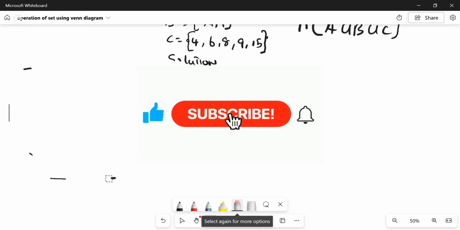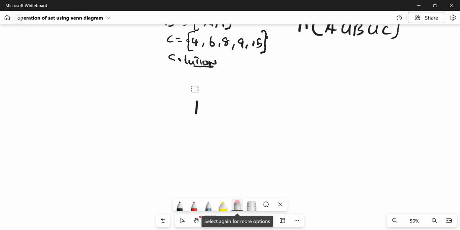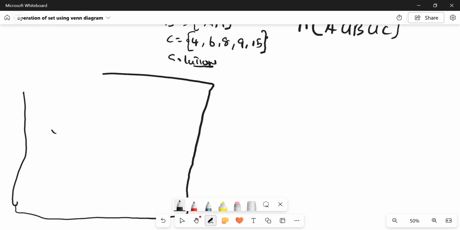This is too small, that's why I'm erasing it. Alright, so we're going to draw the universal set. Please make sure when you are drawing your own, it's straight. It's because I'm using the on-screen marker board that it's coming out this way.